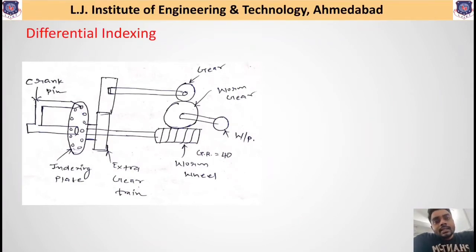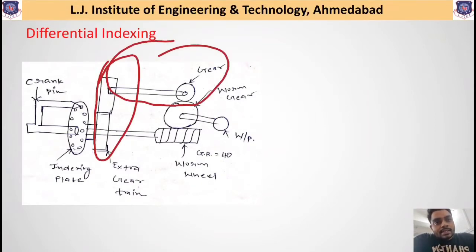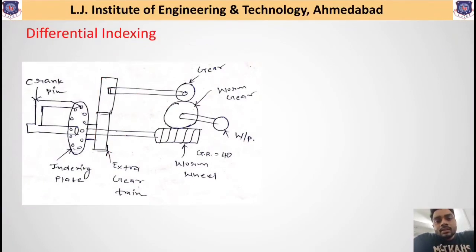And as a standard, as one can see, different numbers of gears need to be used in this particular assembly, and there are standard numbers of gears available to be used in this dividing head.